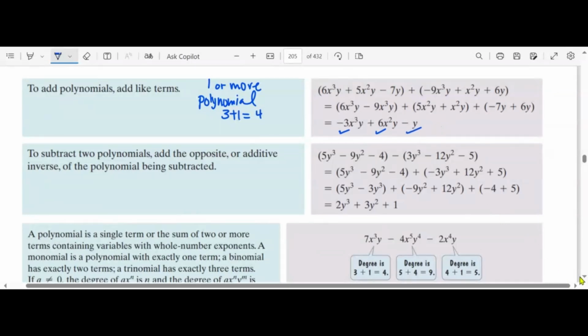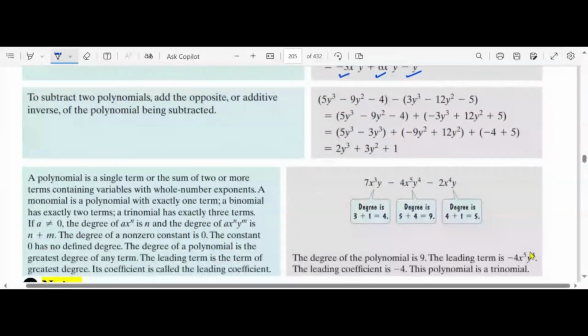Okay? Now, subtraction. To subtract 2 polynomials, add the opposite, or additive inverse, of the polynomial being subtracted. So here I have a negative. So the first step, what do we have to do? Distribute the negative. How many times do you have to distribute it? 3 times. So you change the sign. You see, I change the sign here.